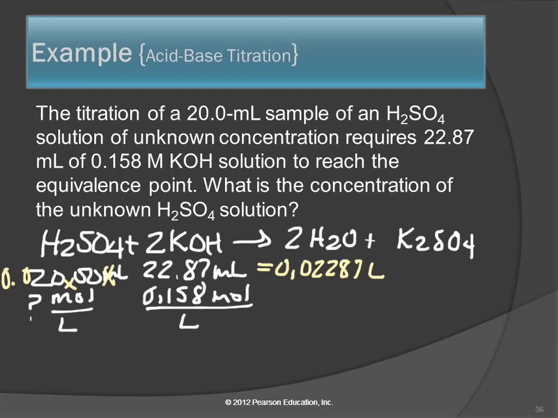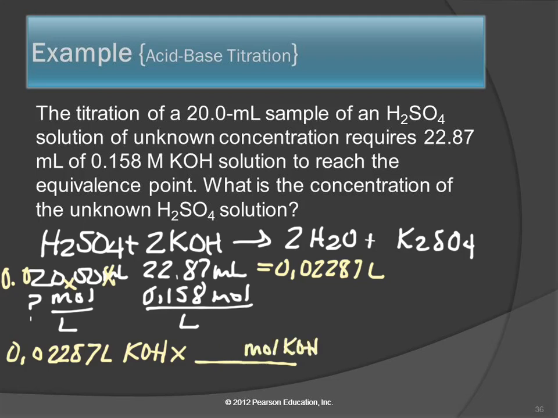So I've converted these to liters. So now we're ready to go. We're going to start with the volume of the KOH, liters of KOH. And I accidentally erased our path. We're going liters to moles. Moles of KOH per liter of KOH.